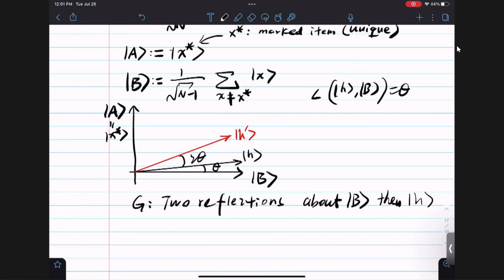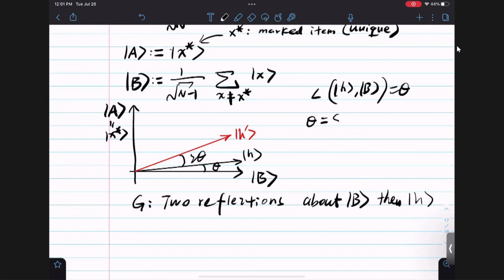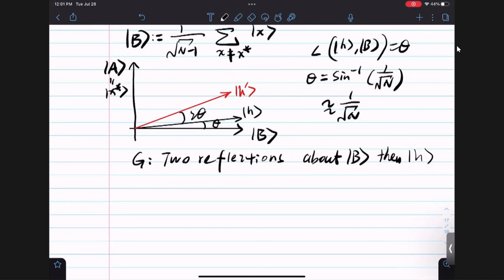And we can actually figure out what theta is. Theta is just the arc sine of 1 over square root n, because 1 over square root n is the inner product, or the overlap between H and B. And since n is big, let's imagine n is big, then this is approximately 1 over square root n. Okay, so this means in Grover's algorithm, we keep rotating by 2 theta, and we're marching towards this nice state.